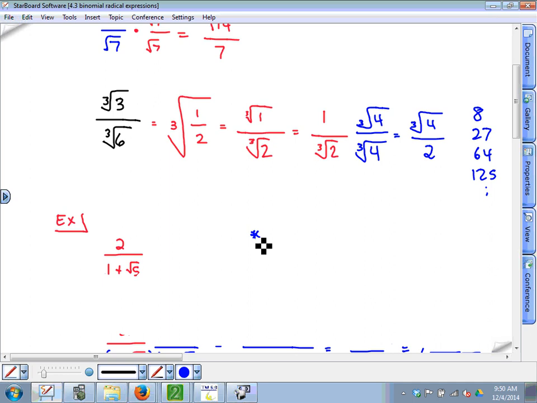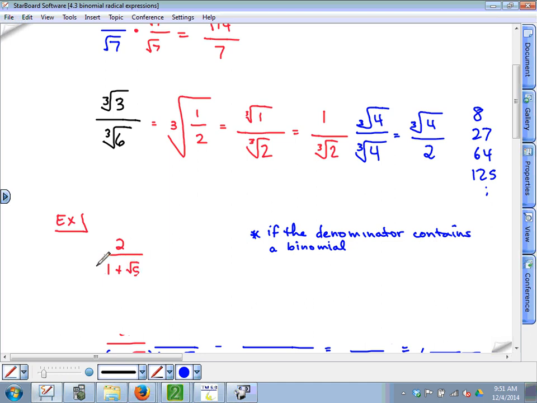So write this little phrase down. If the denominator contains a, oh, I'm going to use a big word here. Buckle up. A binomial. Well, we better Google that word. What's a binomial? Two terms.